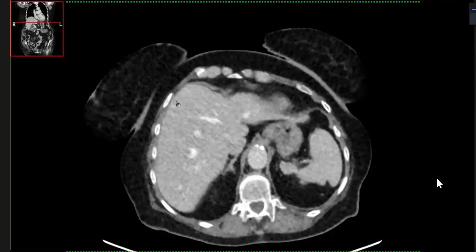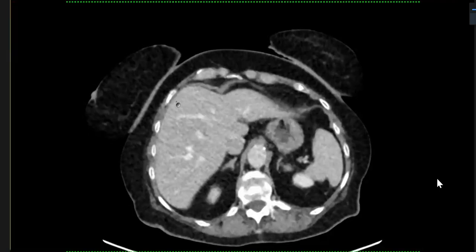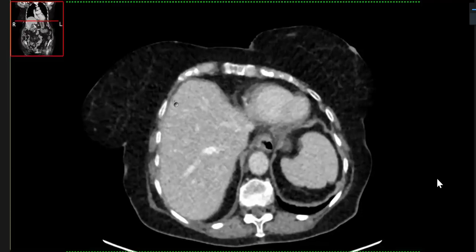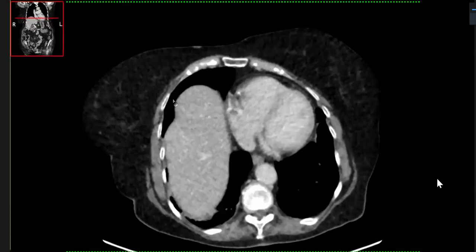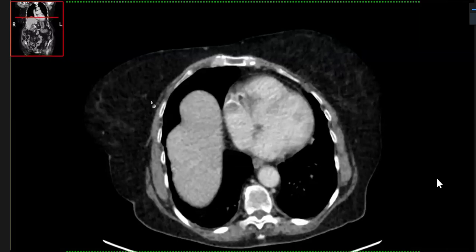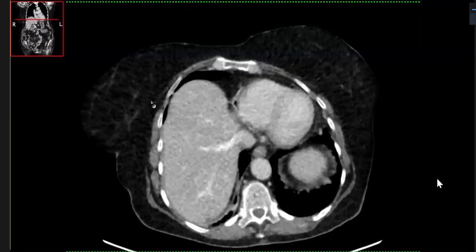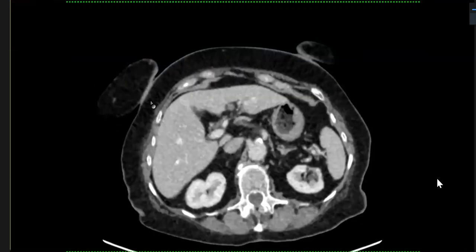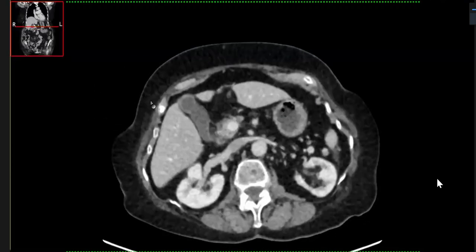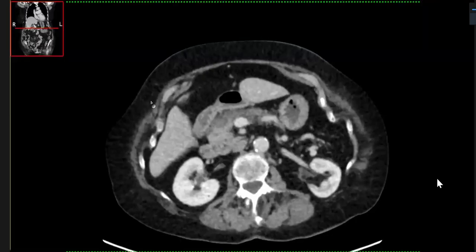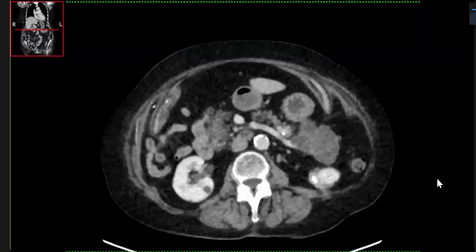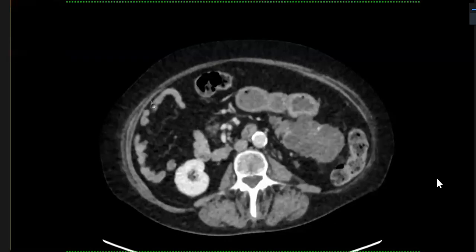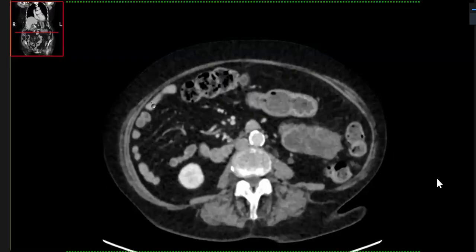You want me to keep scrolling for you? Yes, sir. Okay, I'll go to the top and come back now. So this is axial CT with contrast, in which I can see the liver is grossly unremarkable, stomach is normal, gallbladder is normal, and the tail of the pancreas is bulky with internal cystic areas and some patchy enhancement.